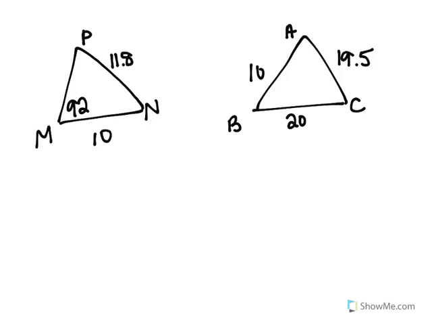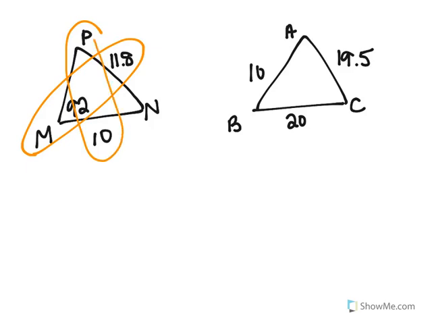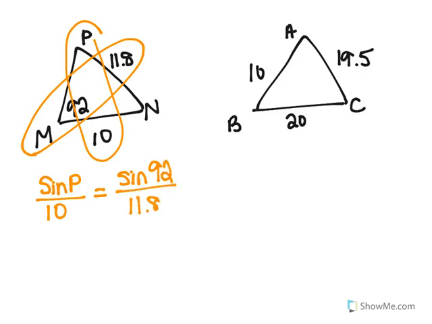Okay, our last two examples are a review of the sine law and the cosine law, and that's from our trigonometry unit. So we'll start with the sine law. So for the sine, you need to have a pair, so we have an angle and a side. And then you have to have one that has at least a side or an angle. So this one we can find angle P. So we're going to set it up as sine P over 10 equals, now we do the other ratio, sine 92 over 11.8.